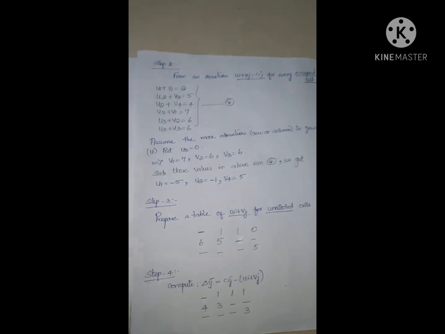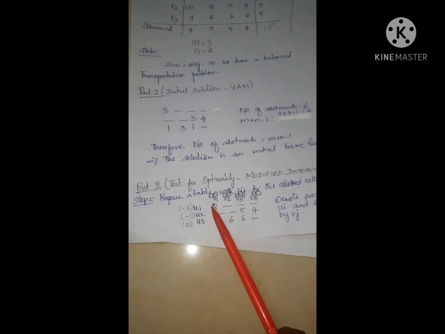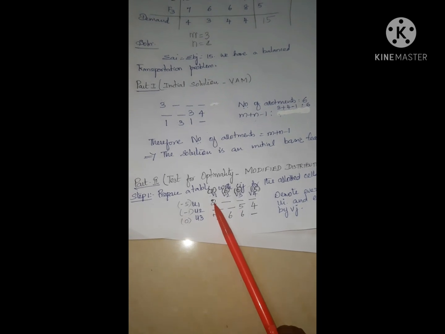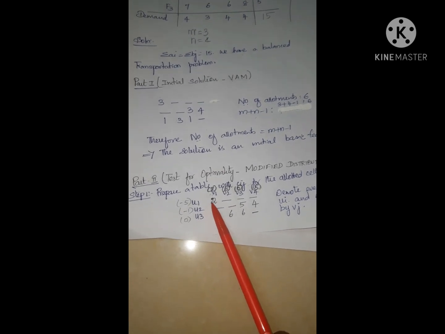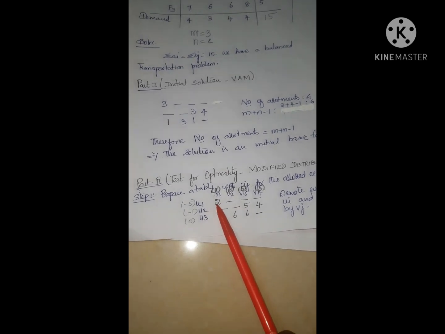That means wherever we have allotment in this step 1 table, for the corresponding cell, we frame an equation with respect to u and v. So, to start with, the first occupied cell has cost value 2.